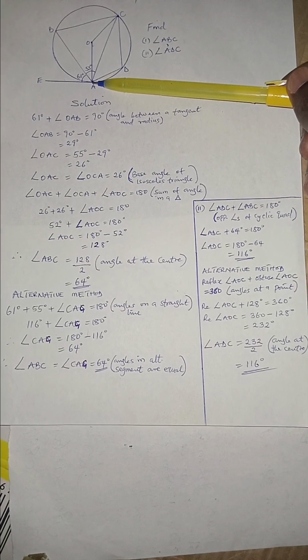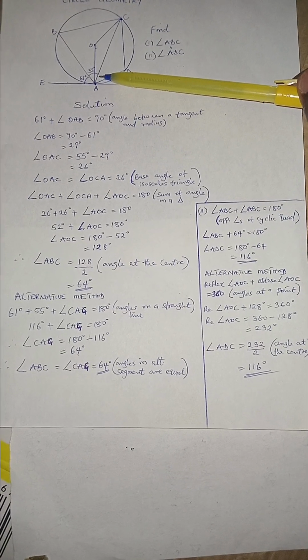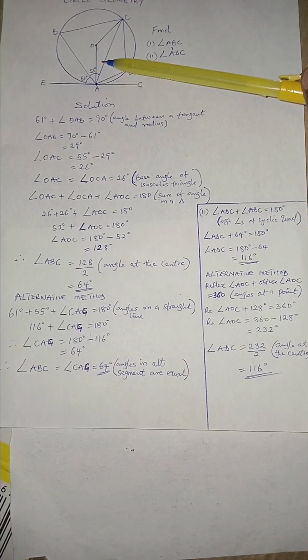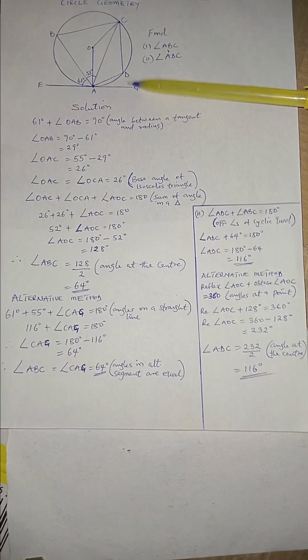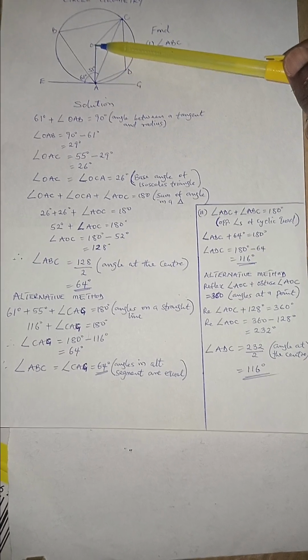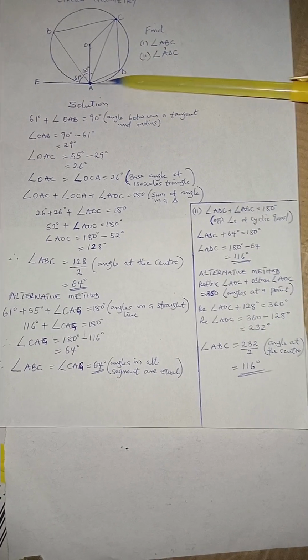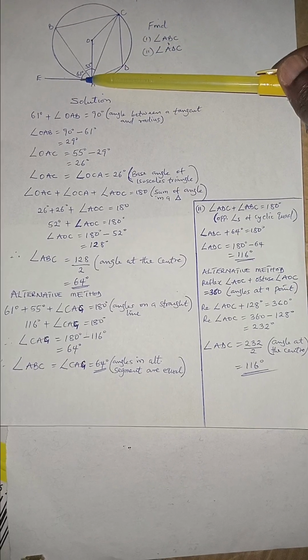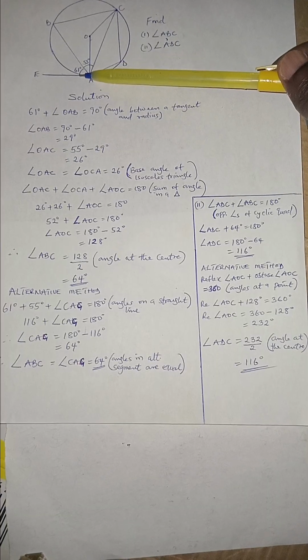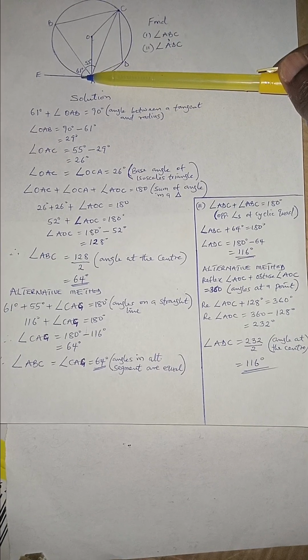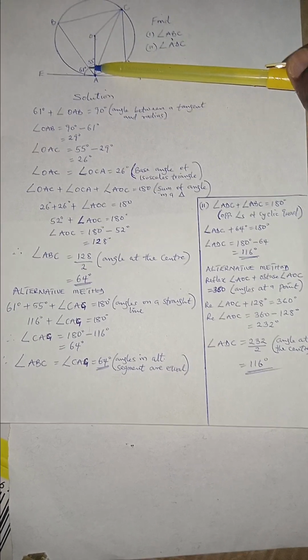The theorem supporting that is: the angle between a tangent and a radius is a right angle. So this is a tangent, this is a radius, and the angle between them is 90 degrees. But we are given 61 degrees here.